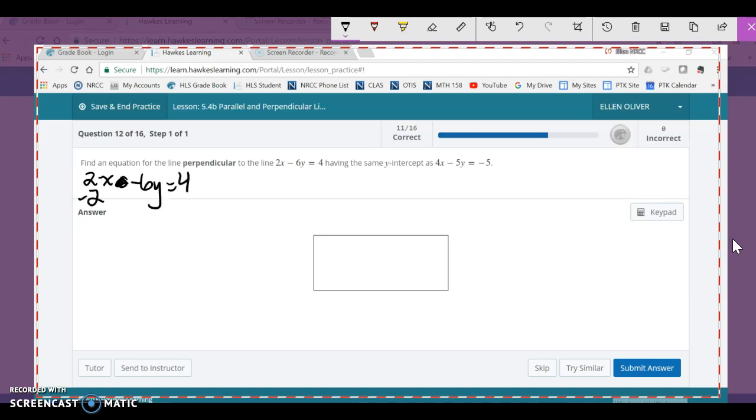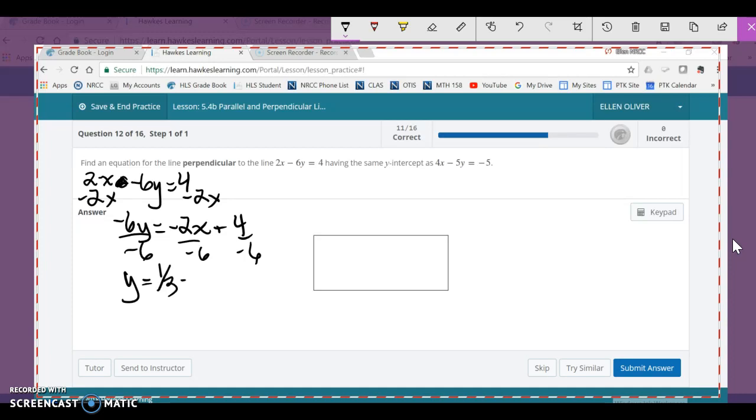So I'm going to subtract 2x from both sides. Divide by negative 6. This negative 2 divided by negative 6 reduces to 1/3. All right, so the slope of this line is 1/3, but I want perpendicular. So my slope is going to be negative 3/1, which simplifies to negative 3.